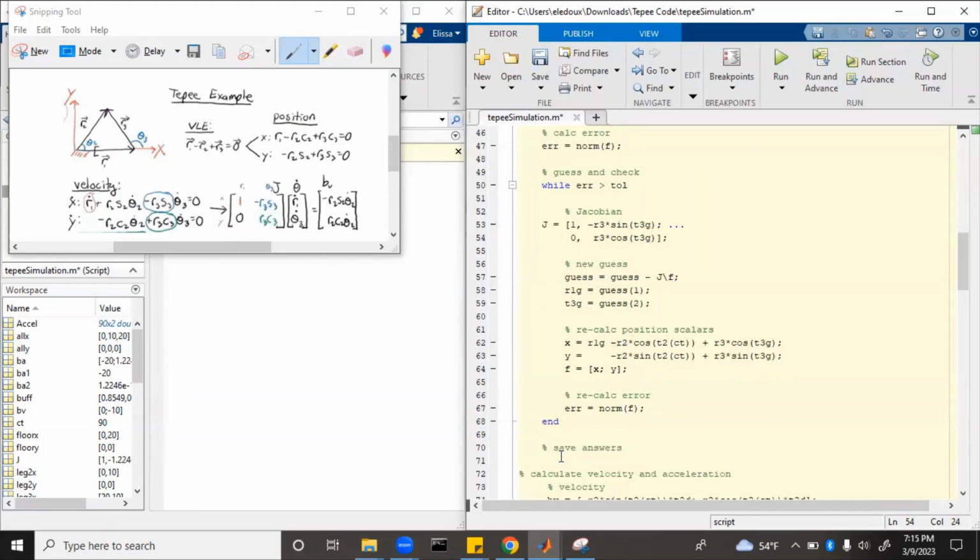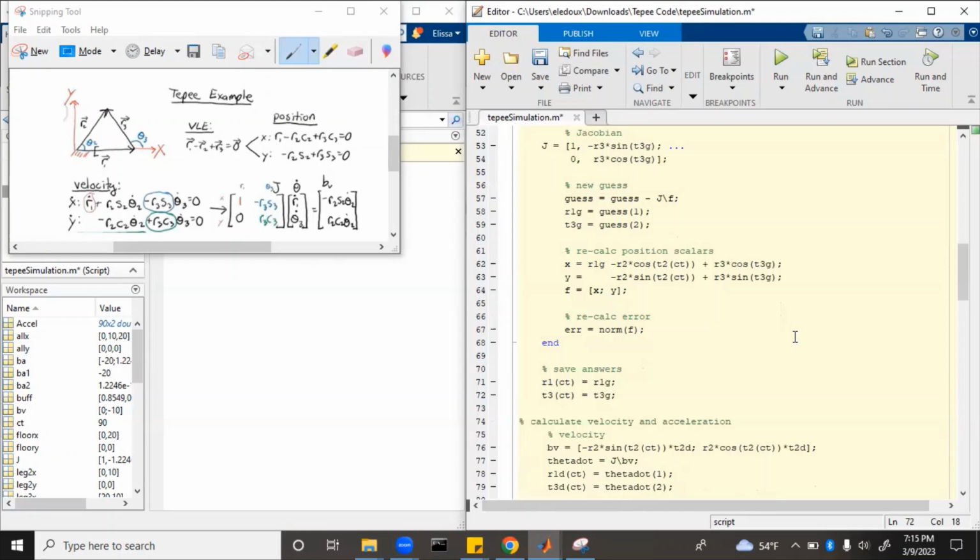So it gets out of the while loop and we need to save those correct answers. We'll save them in the array that we pre-allocated. R1 of count equals R1G, and T3 of count equals T3G. So it's green, MATLAB is happy. Let's run the code and see if this works.